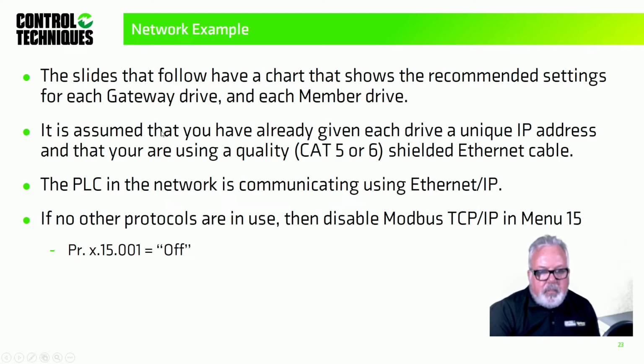So, the slides that follow have a chart that shows recommended settings for each gateway and each member drive, right? Now, it's assumed that you've already given each drive a unique IP address, and that you're also using quality cabling, shielded Ethernet cable.